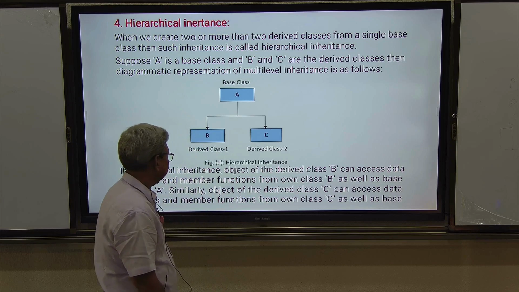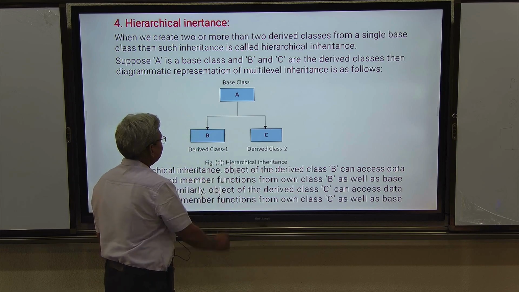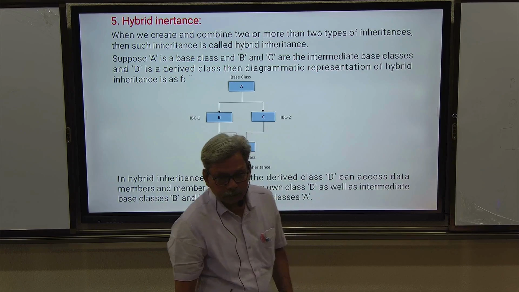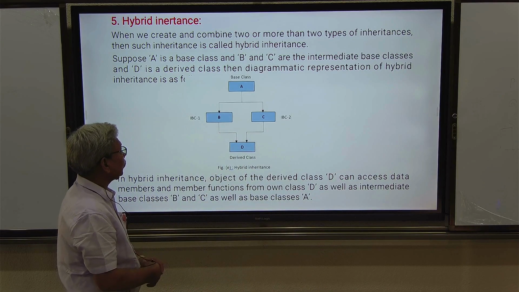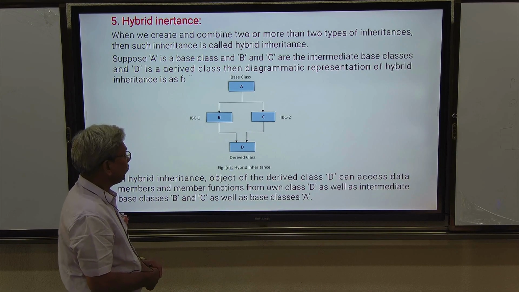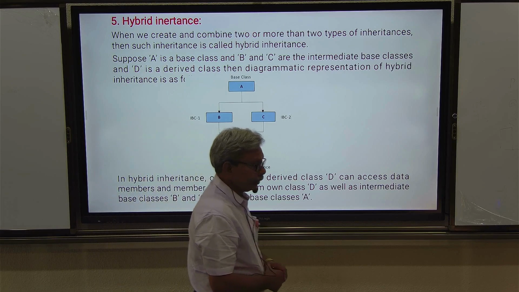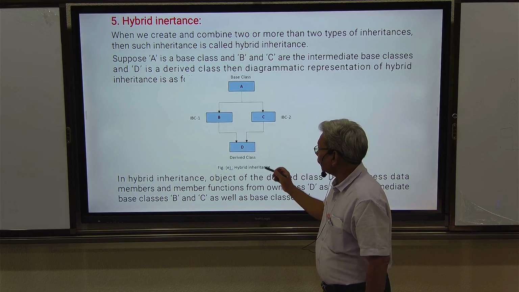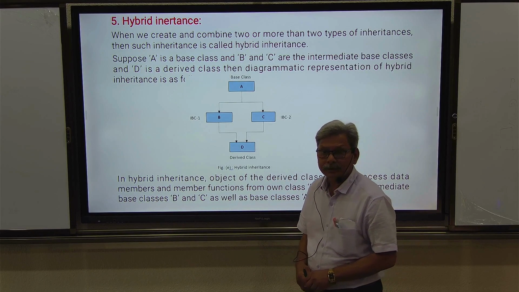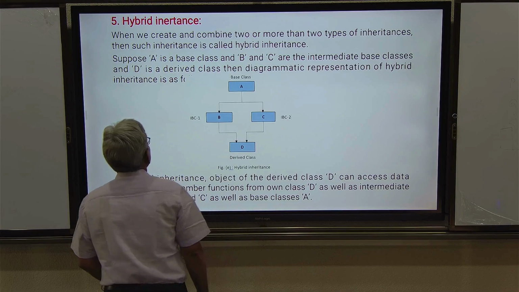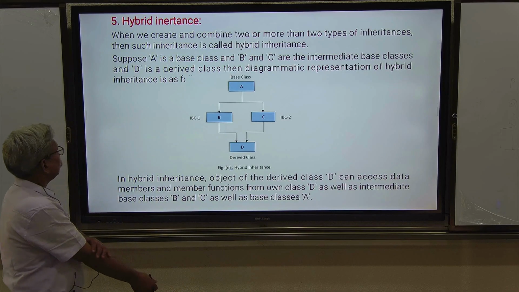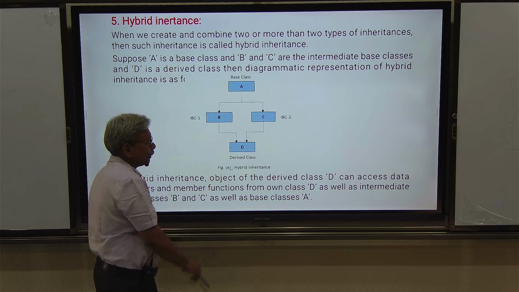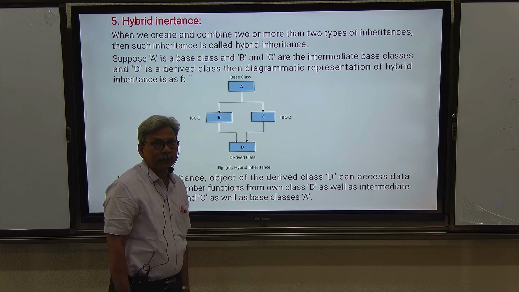And lastly, hybrid inheritance. When we combine two or more inheritances in a single one, it is called hybrid inheritance. In hybrid inheritance, we can combine hierarchical as well as multiple inheritance. Suppose A is a base class, B is intermediate base class 1, C is intermediate base class 2 and D is a derived class.